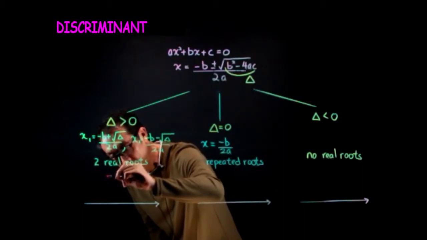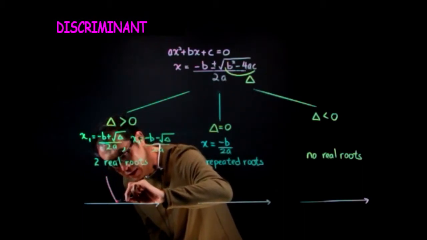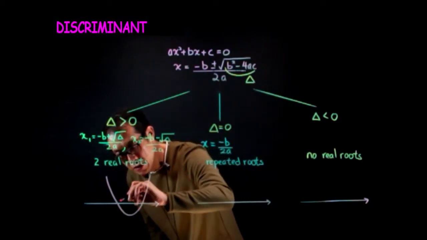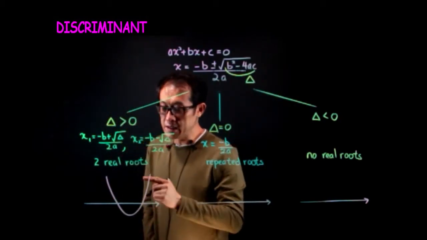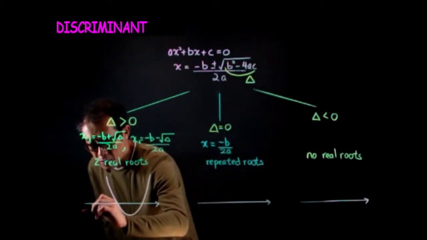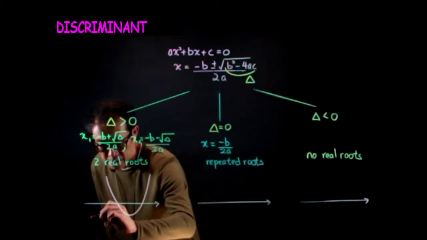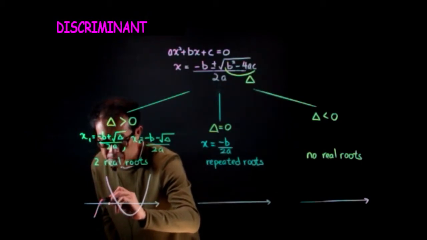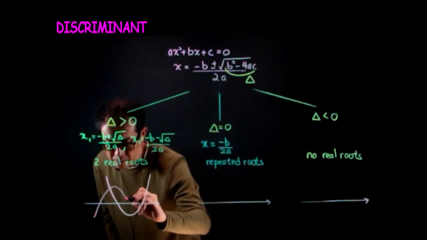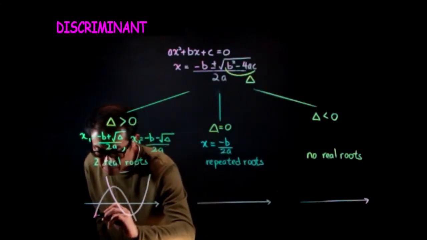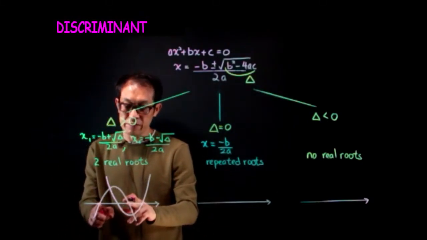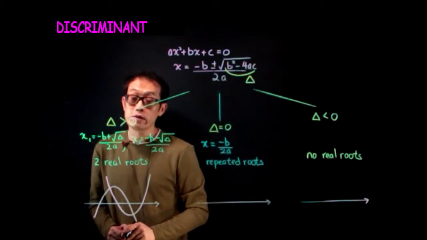So your graph will look something like that. So this is one of the roots and this is another root. Or it may look something like that. For this graph, you also have two real roots.